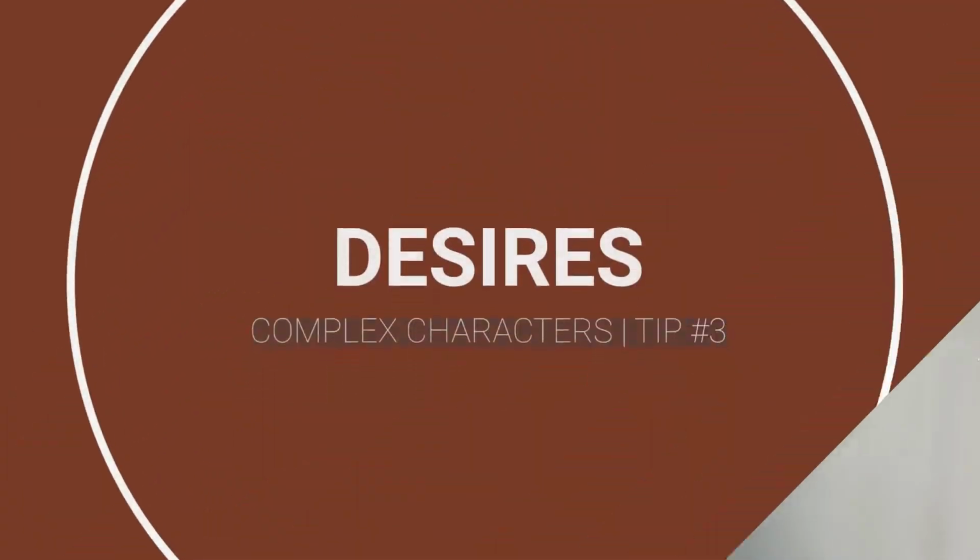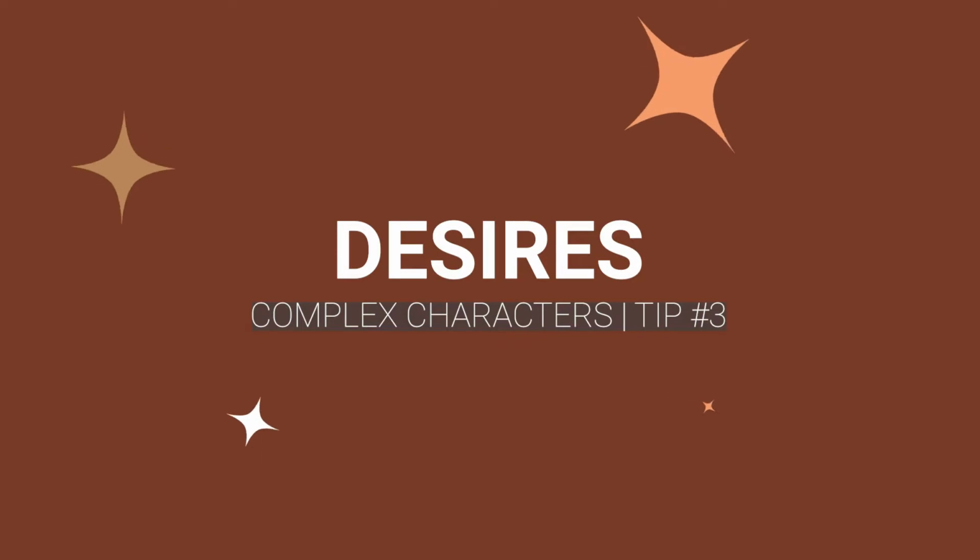So, moving on to tip number 3, which is to give them desires, give them things that they want. And this does not have to be intrinsic to the plot. So if you are writing a fantasy story and they're going on this magical adventure, that's cool, but give them things in their life that they want for themselves that are not necessarily linked into the plot.